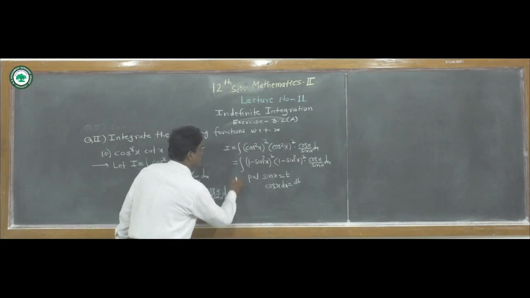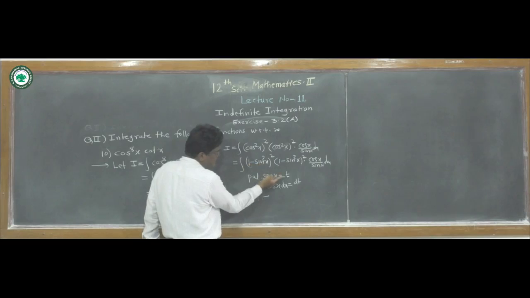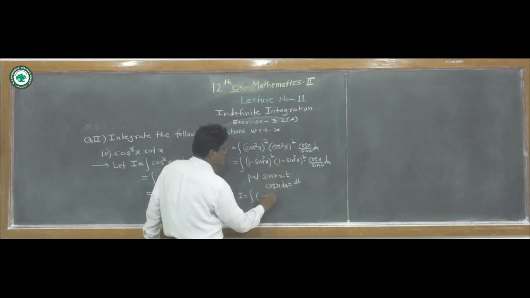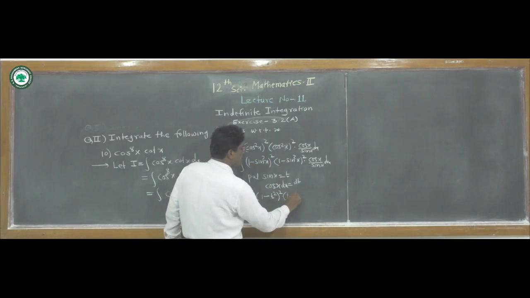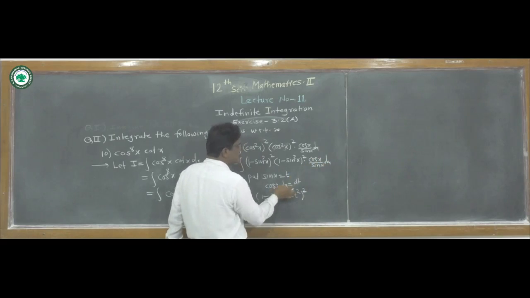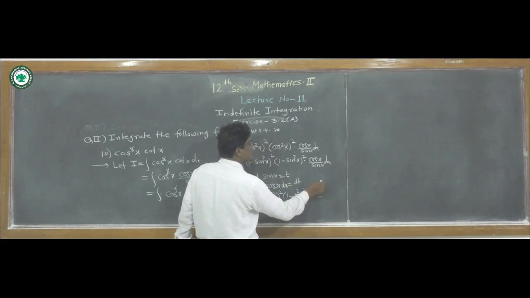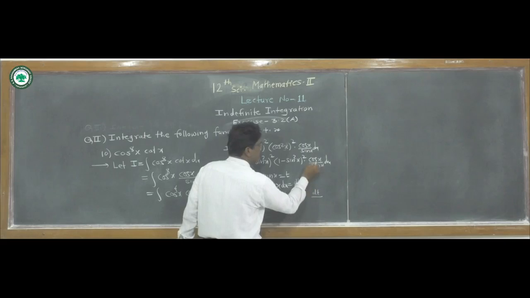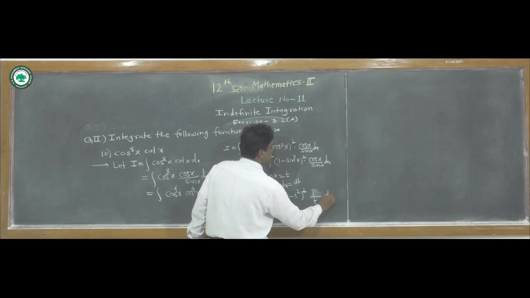So the required integral I becomes integration of 1 minus, now put sin x as t, so (1 minus t square) bracket square, here also (1 minus t square) bracket square. This cos x dx is replaced by dt, and this 1 upon sin x we write as 1 upon t into cos x dx as dt.